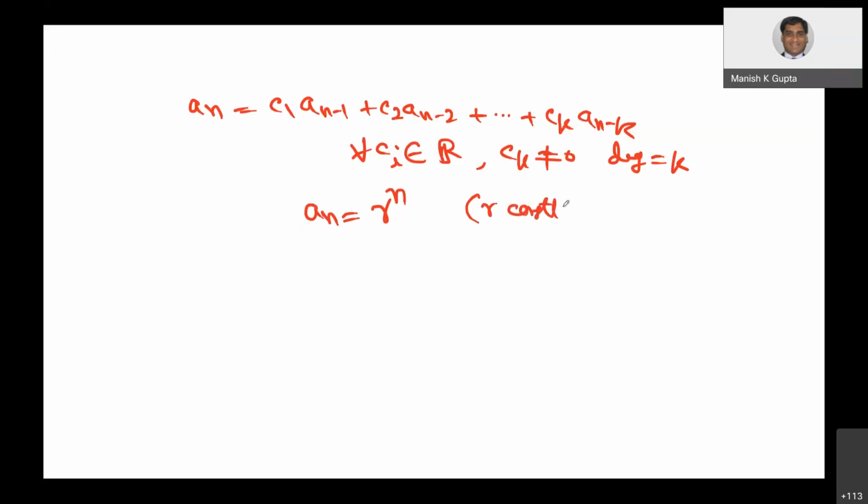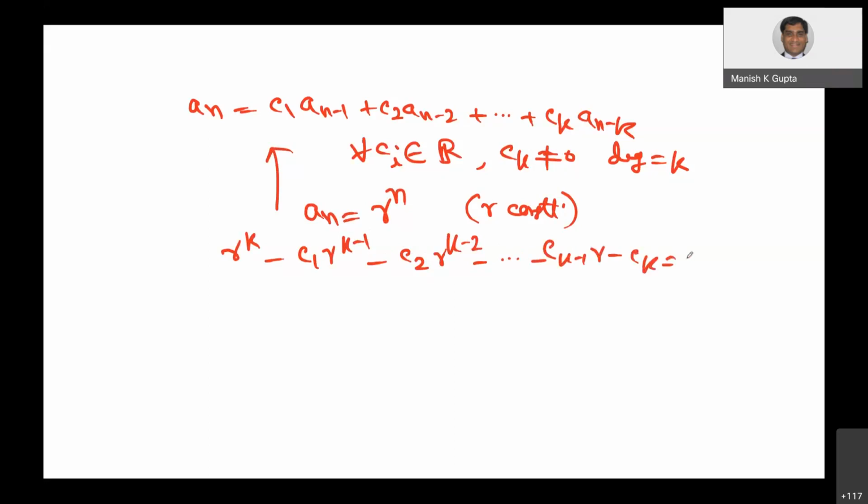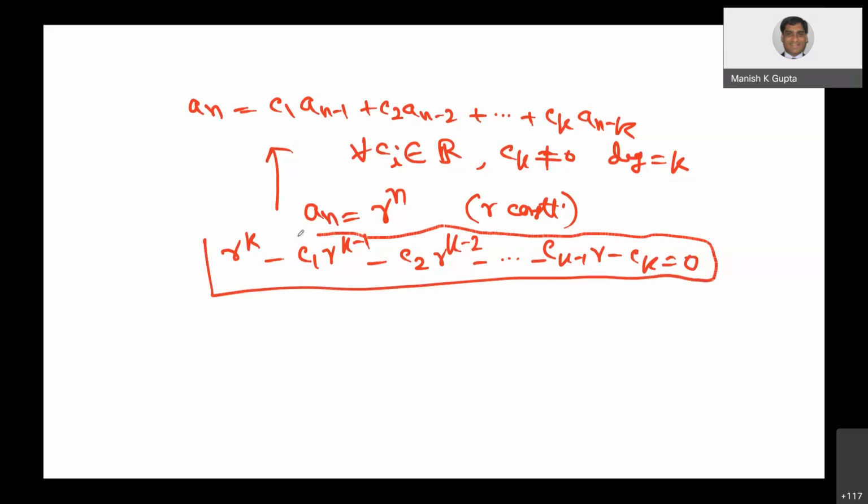Now once we substitute this, if this is a solution, we arrive at this equation: r^k - c_1 r^{k-1} - c_2 r^{k-2} - ... - c_{k-1} r - c_k = 0, and this is known as the characteristic equation of the homogeneous recurrence relation, right? So in order to solve the recurrence relation, we need to solve this characteristic equation.